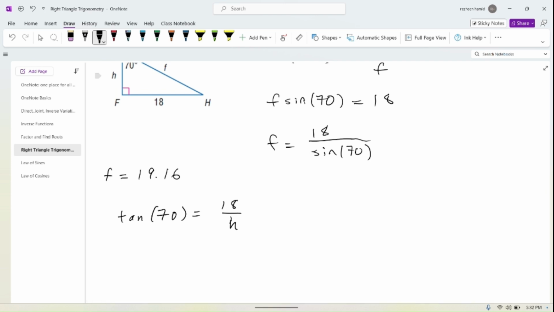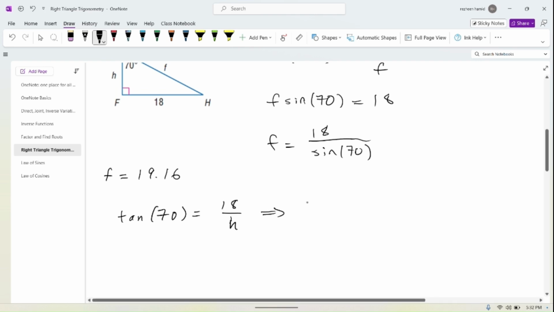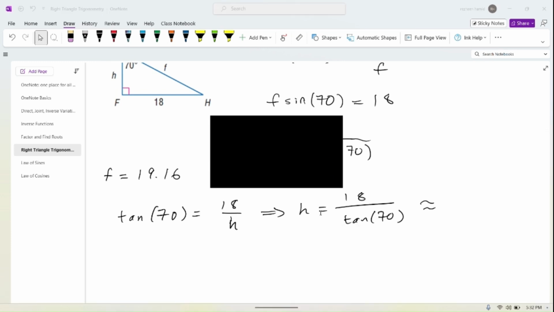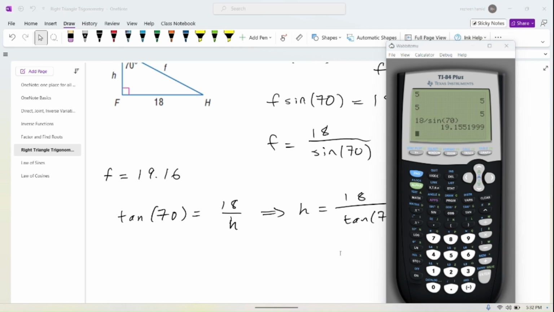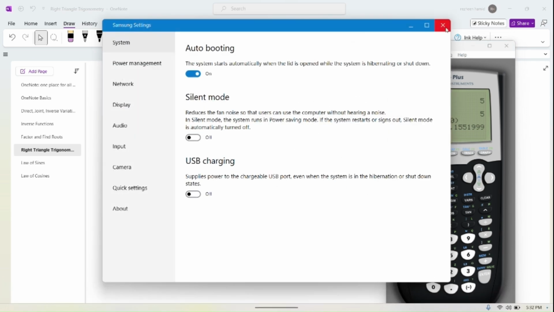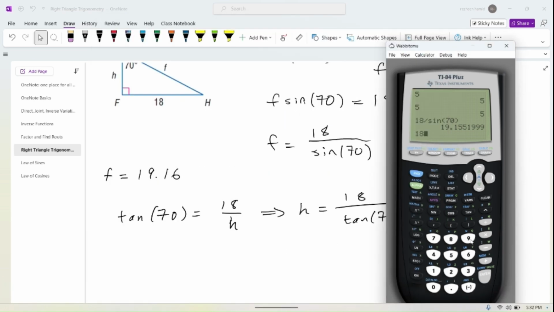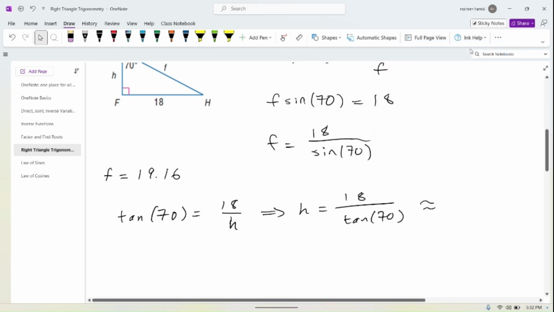So h equals 18 over tan of 70. 18 divided by tangent of 70 is 6.55.